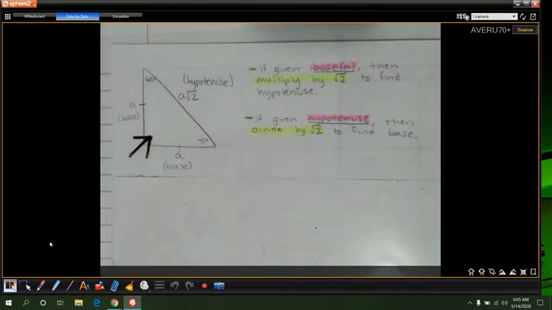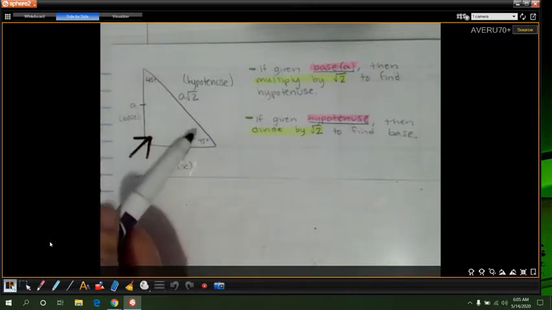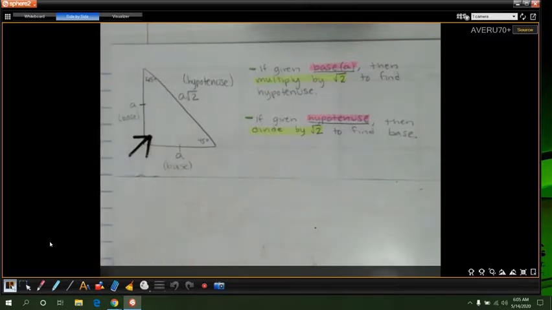Since a 45, 45, 90 triangle is an isosceles triangle, that means that these two angles are congruent, which we already discussed as 45 degrees. That also means these two sides are congruent to each other.